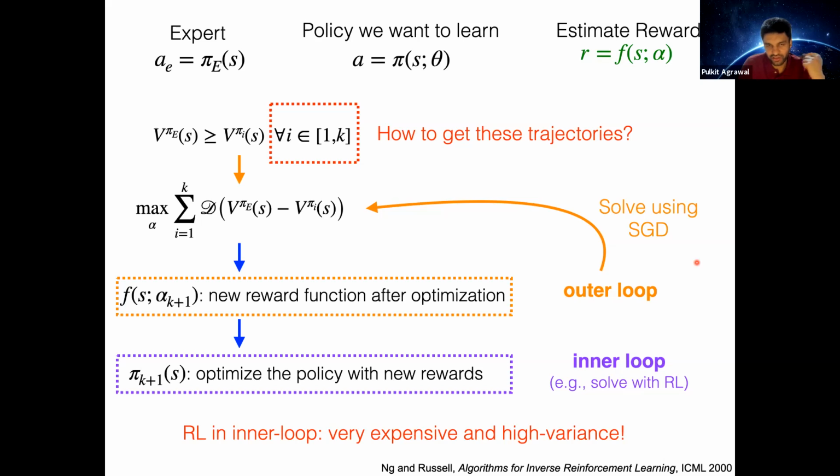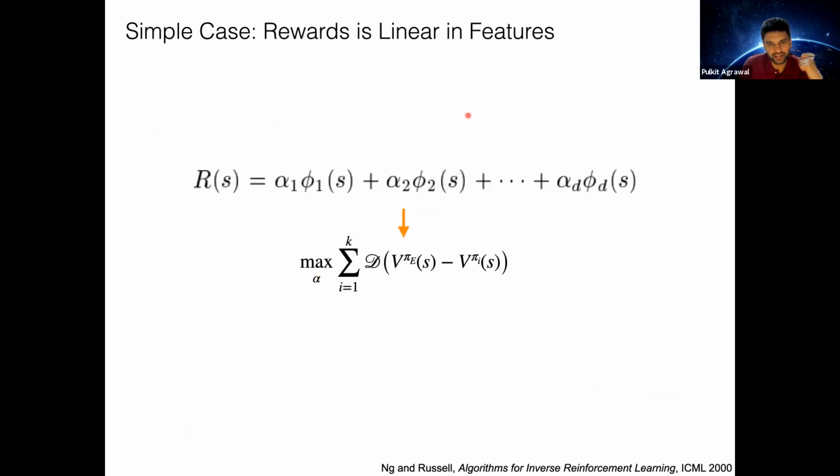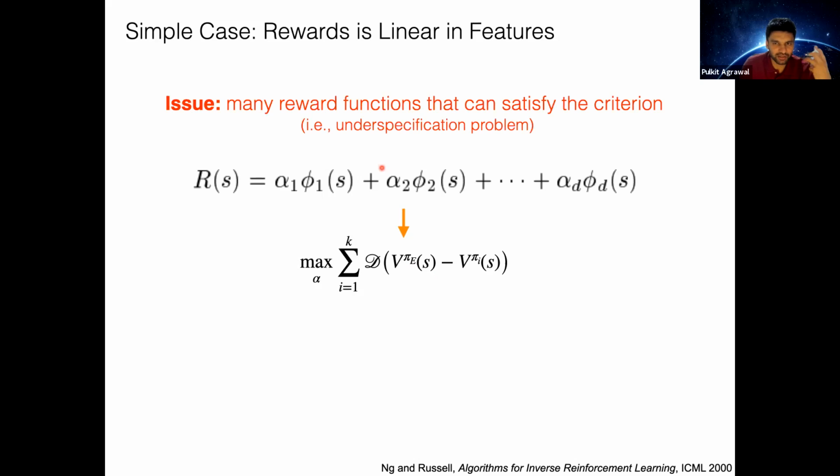So first let's assume a simple case where rewards are linear in features. Let's suppose I have defined some features phi of s, and I'm going to assume that my reward function is linear in these features, right? And we are still trying to maximize this quantity. But now, still the problem is that there are many reward functions that can satisfy this criteria.